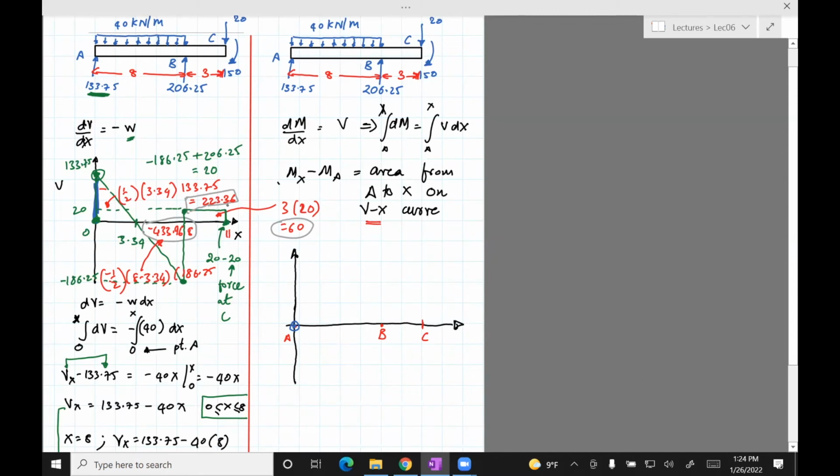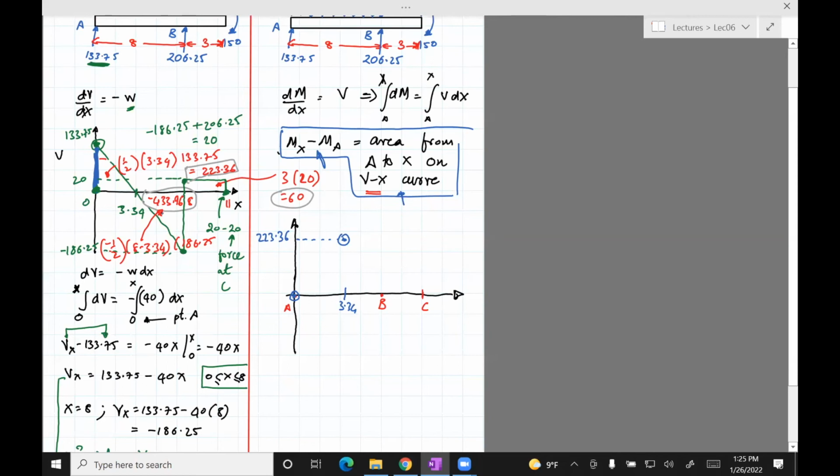The area under the curve from 0 all the way to 3.34 is positive, which means that up to 3.34 we should have this point, which is 223.36. Anything which is an area on the V(x) plot will be a y coordinate on the M(x) plot, because of this relation. So that's just one point. I'm still not done joining A and this point, because I do not quite know if it's a straight line or something different, which we can reason from looking at that equation.